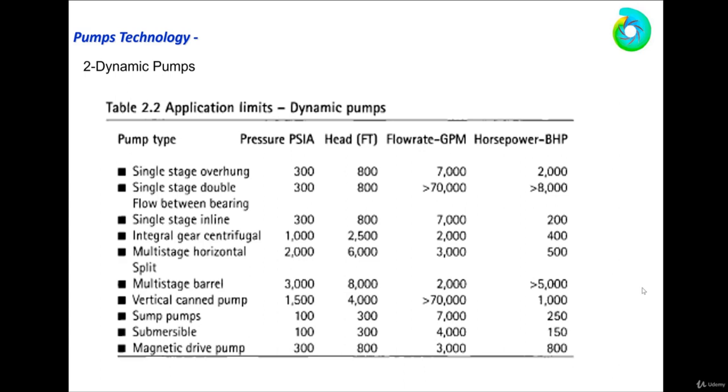The single stage in-line has the same flow range and pressure range as the single stage overhung. And the integral gear pump, we can see, accepts more flow and more head than the single stage overhung one. This is in favor of a high speed impeller. It can reach 2500 foot.